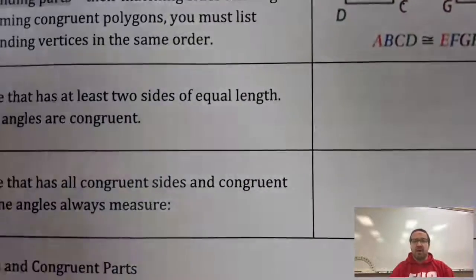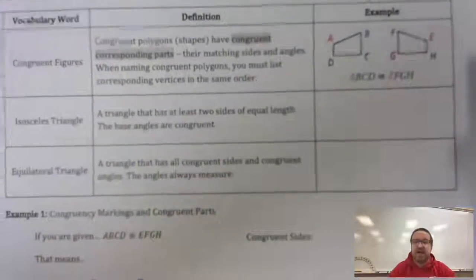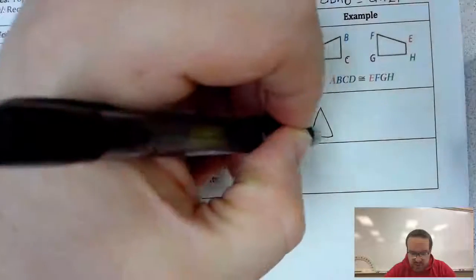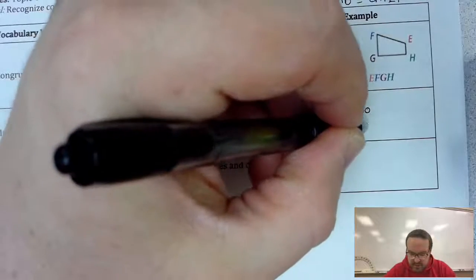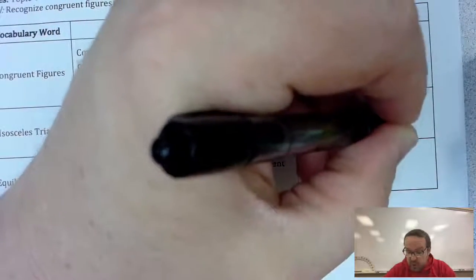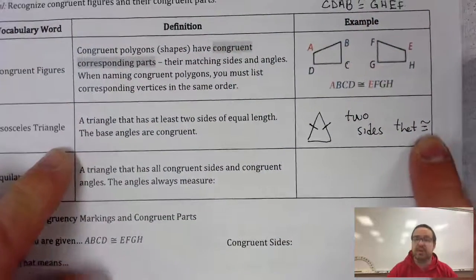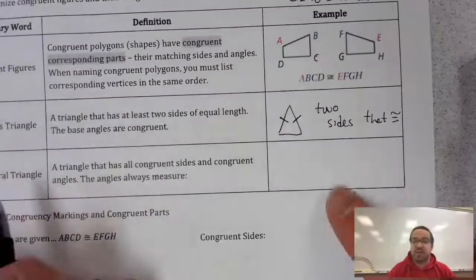All right, a couple quick things here. Isosceles and equilateral. We kind of probably have a basic understanding of what that is, but it's just a triangle for isosceles at least that has two sides that are congruent. You might say the same, right? Remember this symbol right here just means congruent. But congruent is actually the word that we want to use for this class.